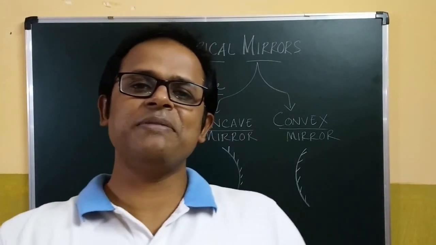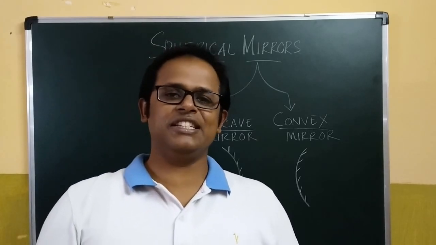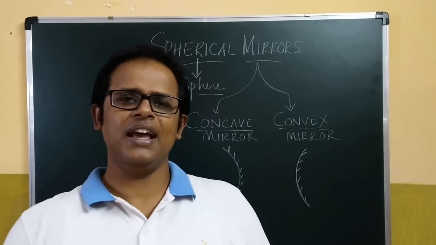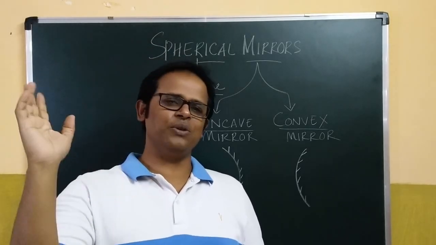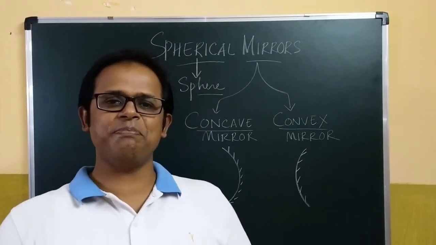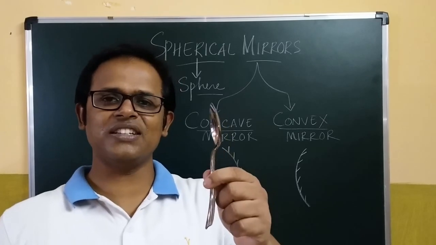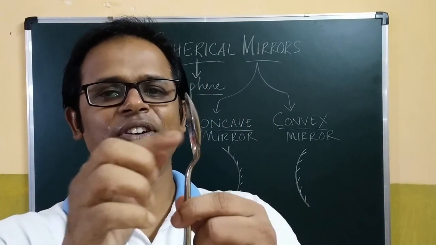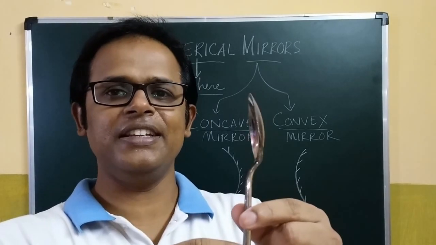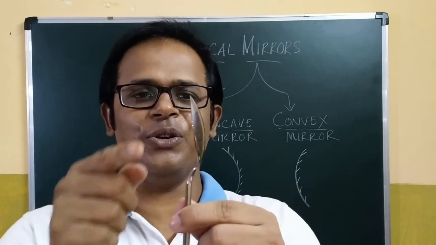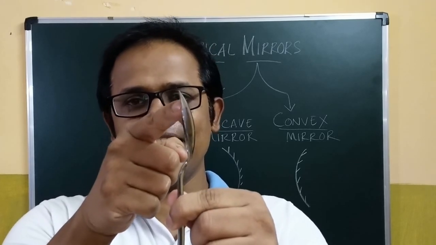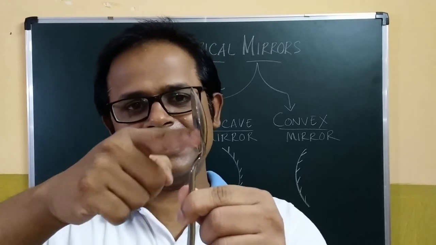A very simple tool in our kitchens, a spoon, can be kept in our heads as a specialized tool to help us understand what a concave or convex mirror is. If you watch the surface, I'm showing you the side view: one side of the spoon is curved inwards.